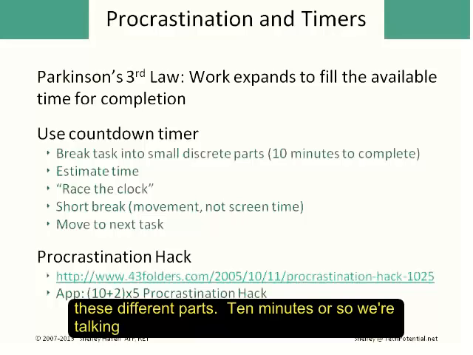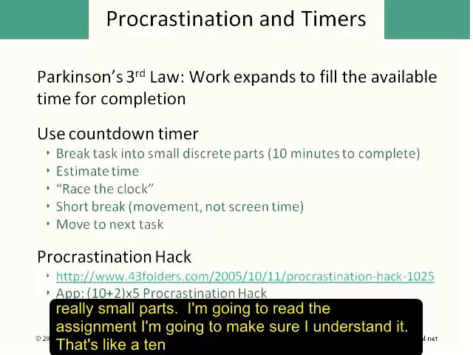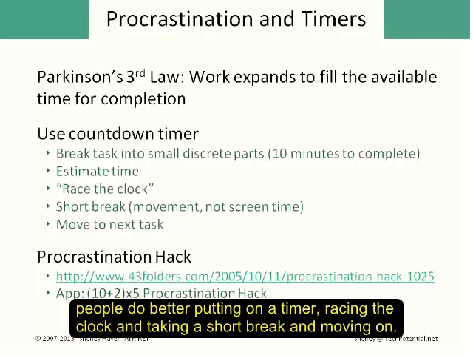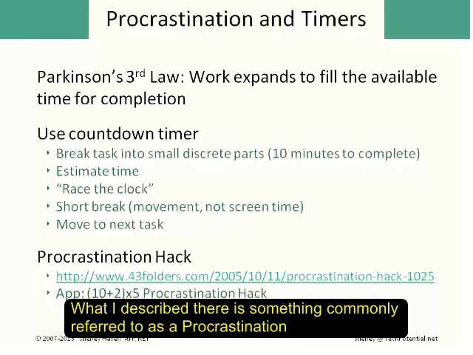When I say break them down into discrete parts of 10 minutes or so, we're talking really small parts. Like, I'm going to read the assignment, I'm going to make sure I understand it. That possibly is a 10-minute task. Some kids, not everybody, but some people do much better putting on a timer, racing the clock, and then taking a short break and moving on.